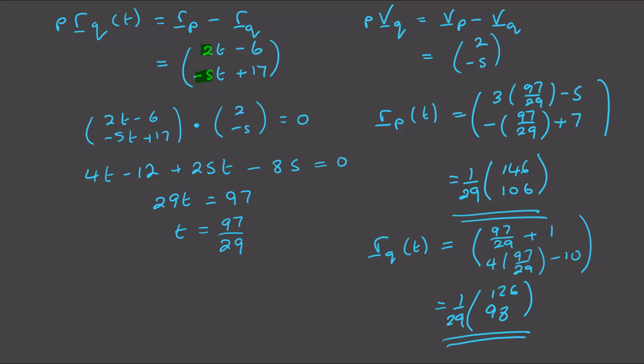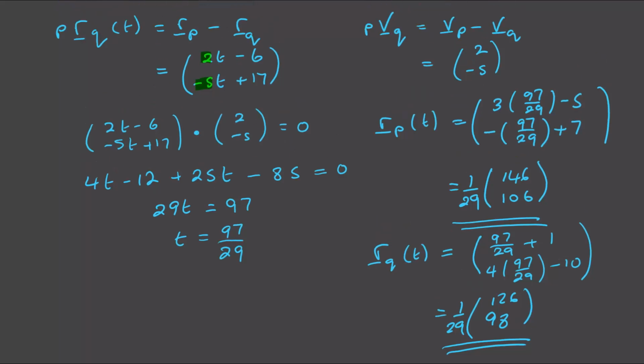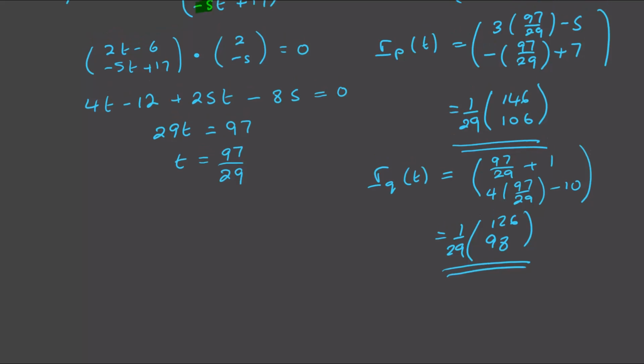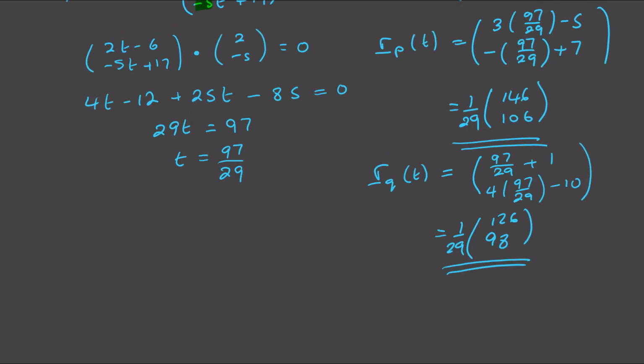Now we could also evaluate this to get the distance, but we can actually get the distance from those two vectors there as well. The relative vector: let's do 146 take away 126, which is 20. And then we've got 106 take away 98, which is 8.